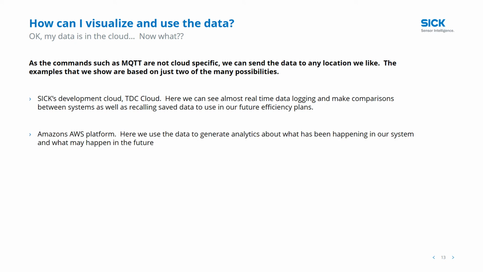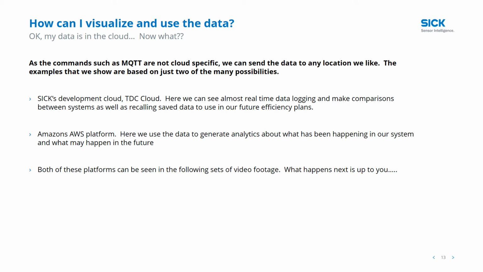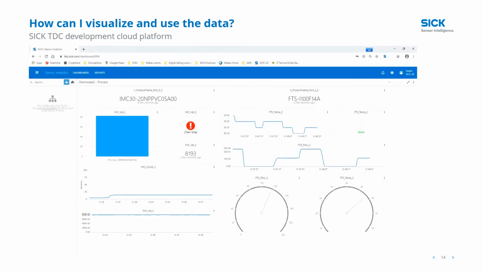Then we're going to look at the AWS platform, and they're both going to be shown in, again, some pre-recorded embedded footage. And what you've got to understand here is once the data's in the cloud, really it's only your imagination that's stopping you. So what happens next is entirely up to you. So that's fantastic. Now let's go and take a look at what that information looks like in the cloud itself.